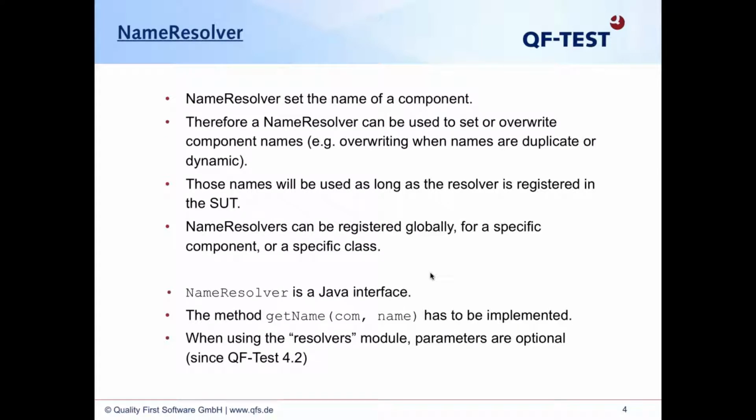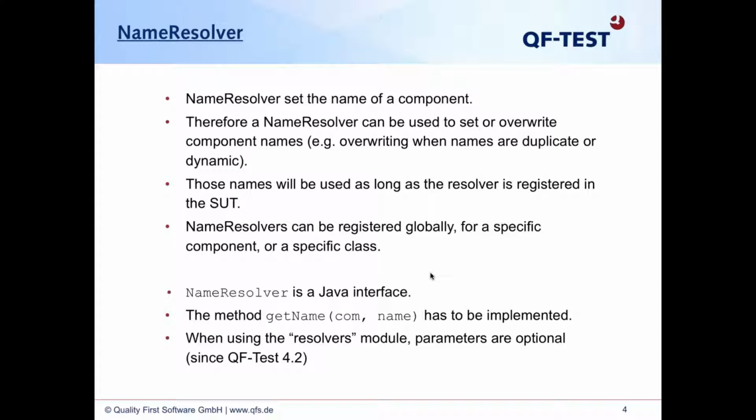So the first resolver, or the first way of presenting the resolvers to you, is the NameResolver. The name is a very important characteristic of a component. If developers use names properly, they can pretty uniquely identify a component.